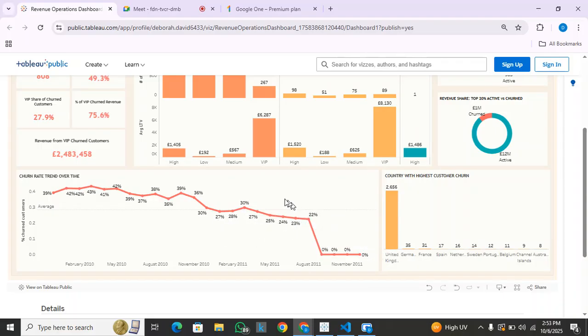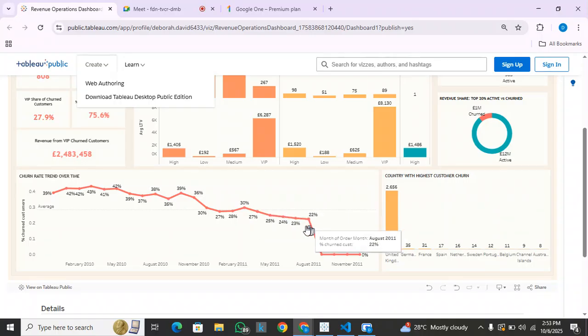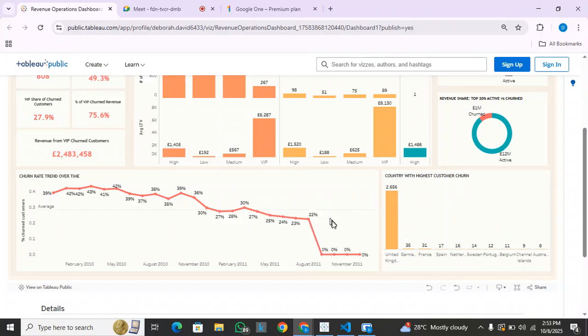Whatever was done to retain customers in this period should be looked into and re-emphasized. It should be re-implemented, and even more modification should be carried out on the strategies to ensure improvement in retention.